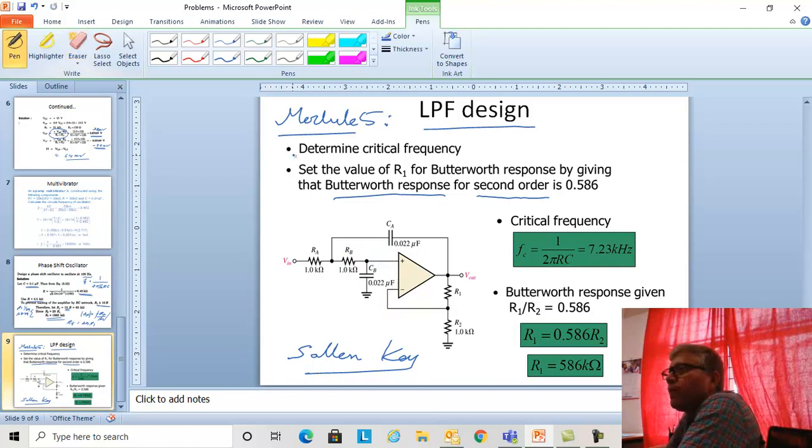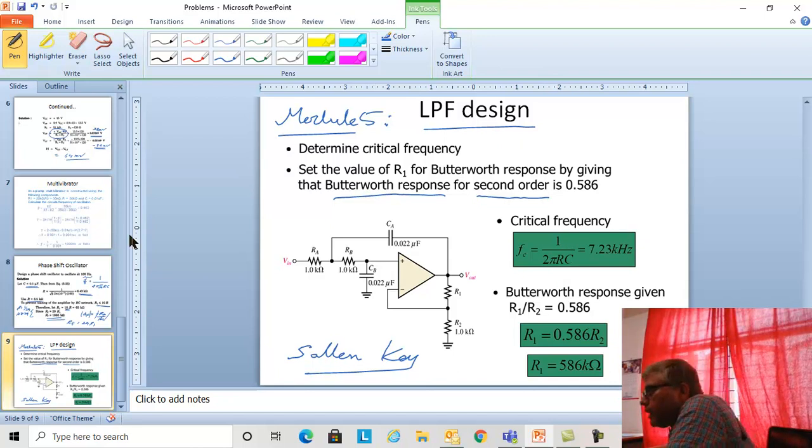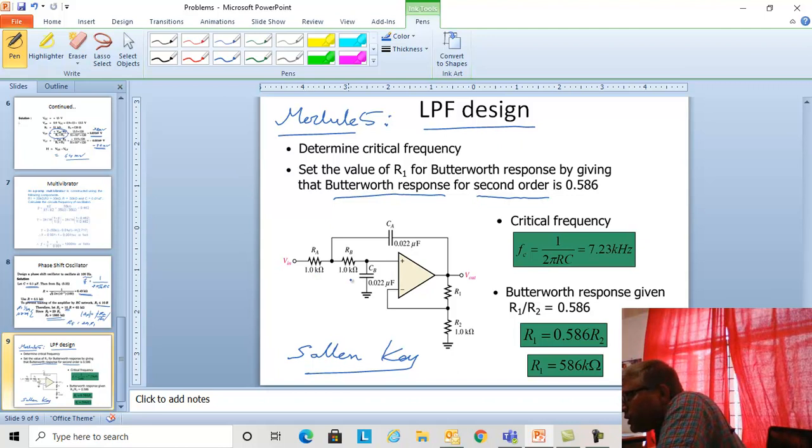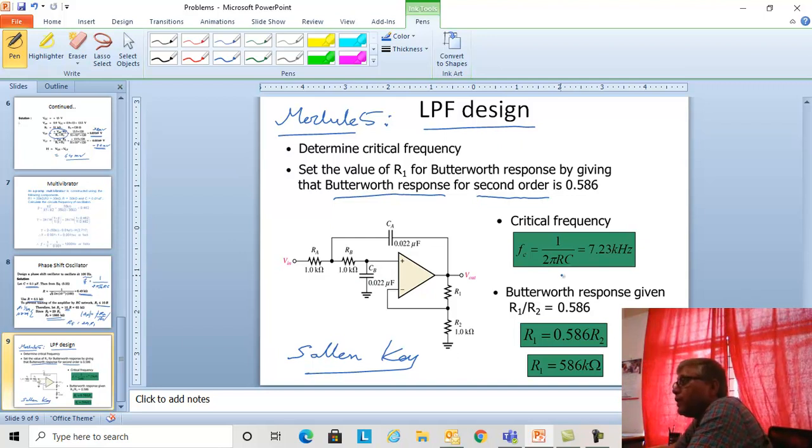Now obviously we know that F is equal to 1 by 2 pi RC. Straight away put that equation. We know what is R and what is C, because RA is equal to RB, and CA is equal to CB. Actually, it should be FC is equal to 1 by 2 pi root of RA RB CA CB.